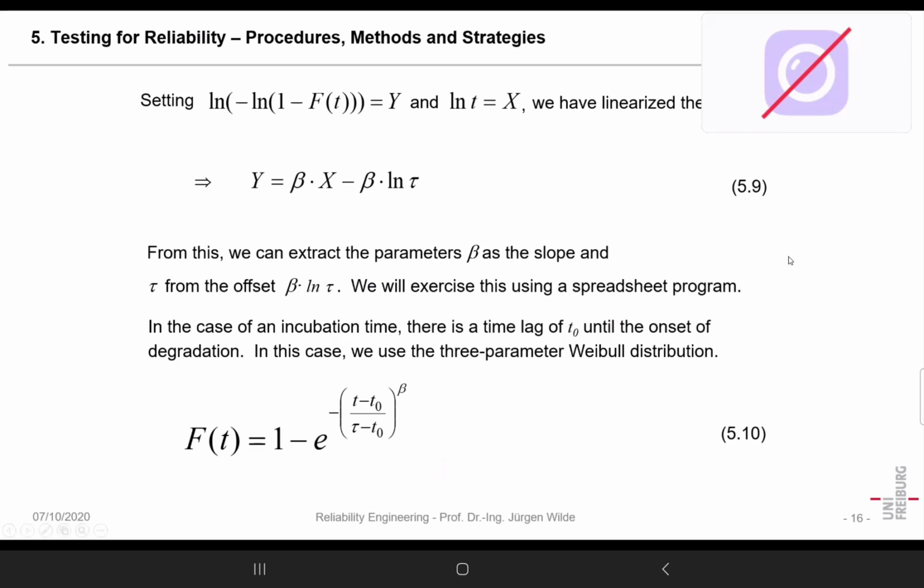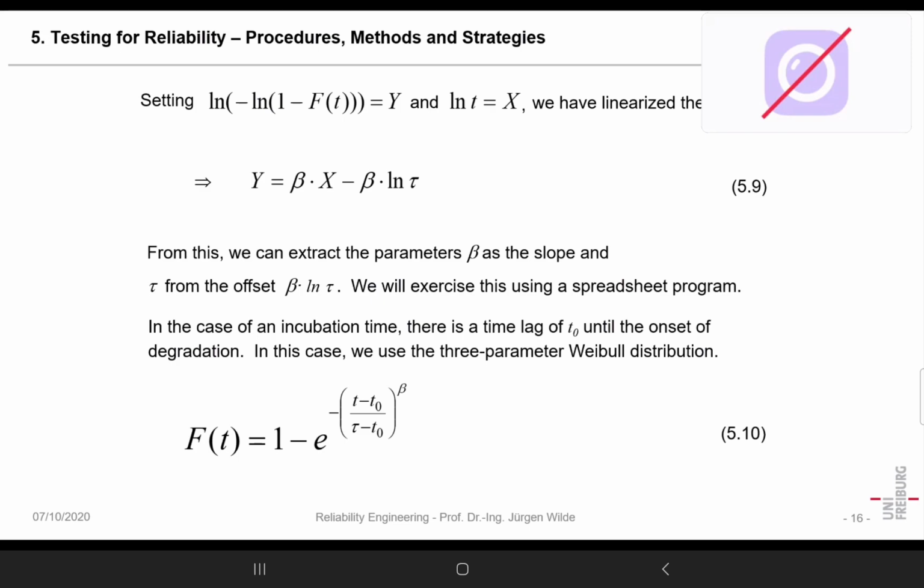Of course, the modern way is a little more convenient. You put it into MATLAB or such a mathematical program, and it just makes a multi-dimensional maximum likelihood or regression. But the old way was getting that in an adaptive way. And in fact, it doesn't really matter, because in a Weibull curve we are always on a logarithmic scale. So it makes not really a difference if some value is 1000 or 1050 or so.